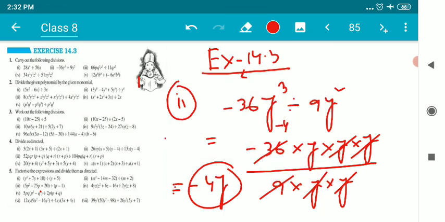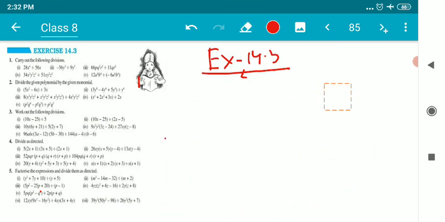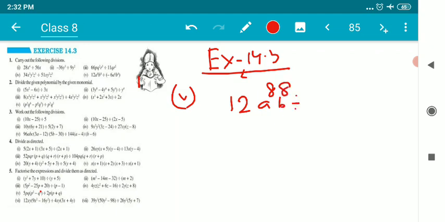The next question is absolutely similar, so I want to try something different. I want to explain question number 5: 12a to the power 8 b to the power 8 divided by minus 6 a to the power 6 b to the power 4. See, children, how can we do this?